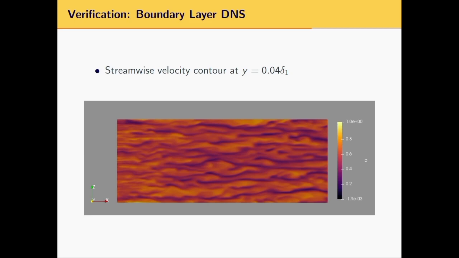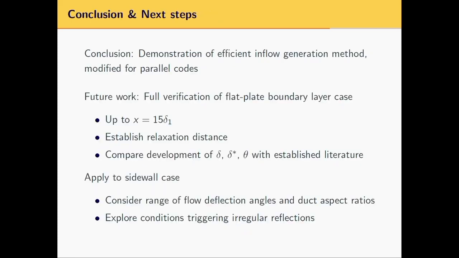But this allows us to develop real physical structures downstream. So we're fairly happy that this is actually sustaining a turbulent boundary layer, even though it's been decomposed into a parallel grid.